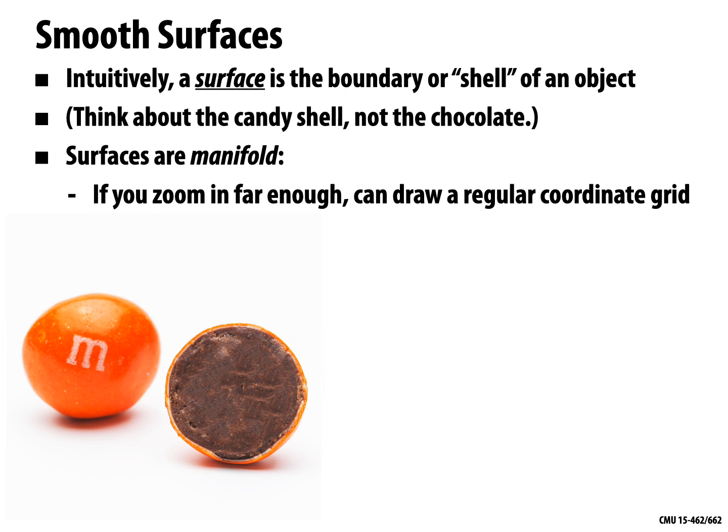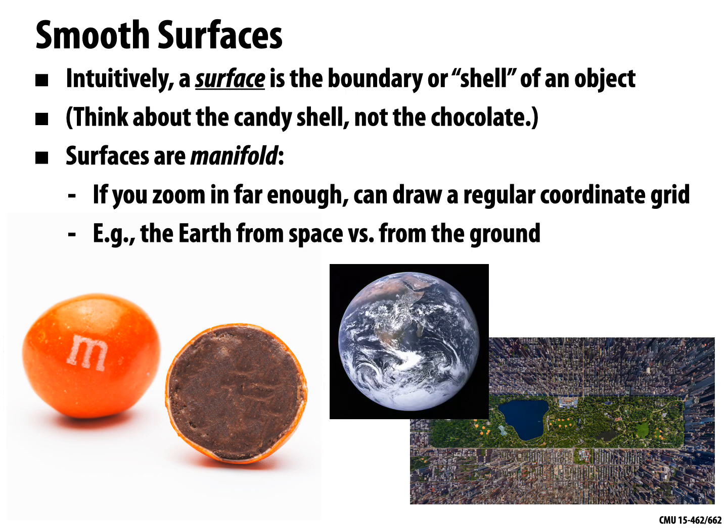Okay? Perfect example is the planet Earth. From space, this looks like it has some interesting curved shape. It's almost spherical. But if you zoom in close enough to any point, let's say you zoom in to Manhattan Island, then you can put a nice grid, at least in a neighborhood around that point. I can put the streets and avenues of New York City on that point.